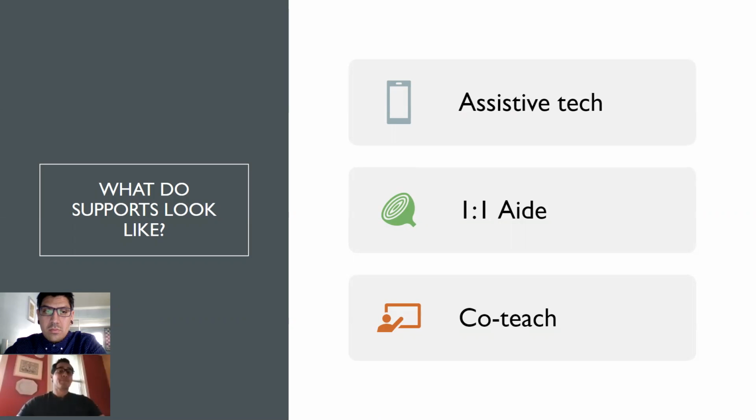So two heads collaborating, and if you could picture in your mind, casting a huge net to make sure everybody in their classroom is getting the same opportunity and the same amount of access like everybody else, is essentially the goal in the co-teach setting.